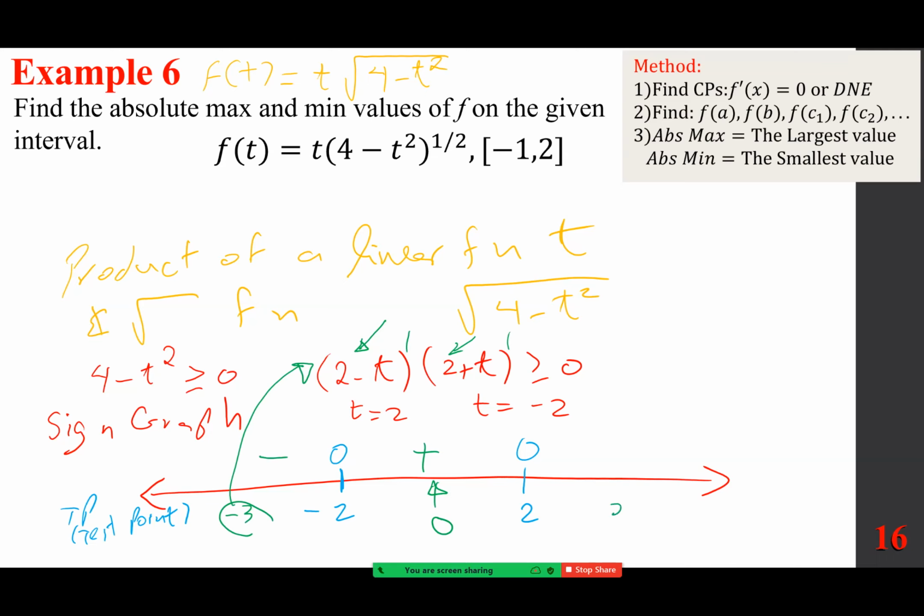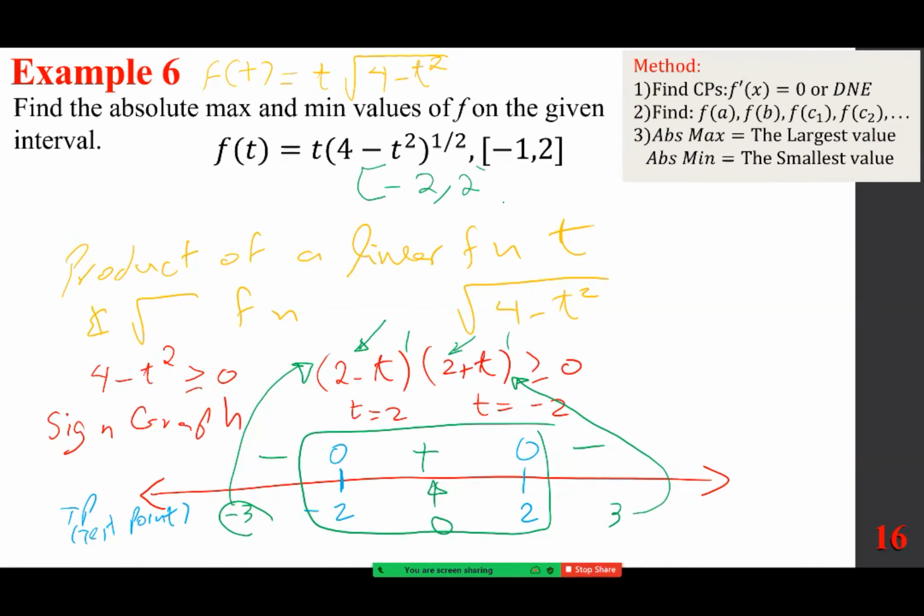And over here, we can put 3, and when you plug in 3, the first one is negative, the second one is positive, the product is negative. And what we are interested in is here, which gives us the domain of -2 to 2.